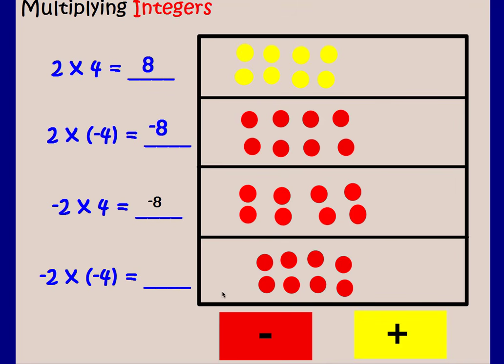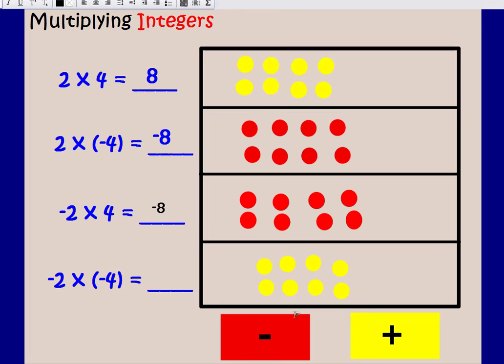Okay, now I have 2 groups of negative 4, but it's not 2 groups of negative 4 that I want. It's the opposite of that. So the opposite of these negatives will be positives. So when I add them up, I get 8 positives. So negative 2 times negative 4 equals a positive 8.